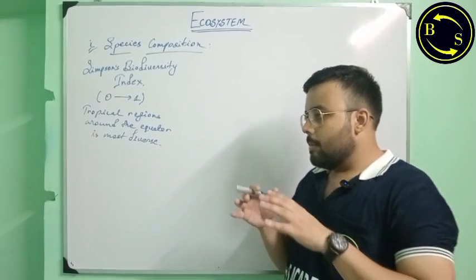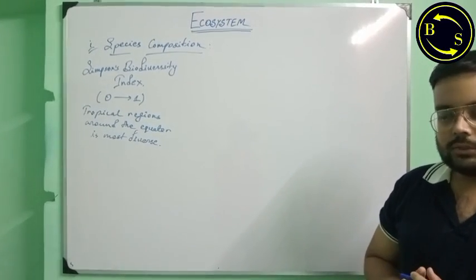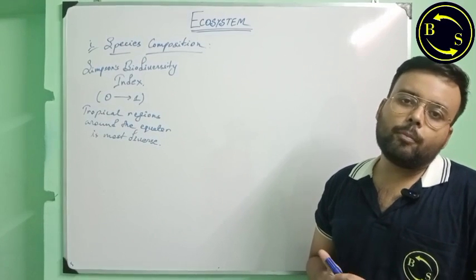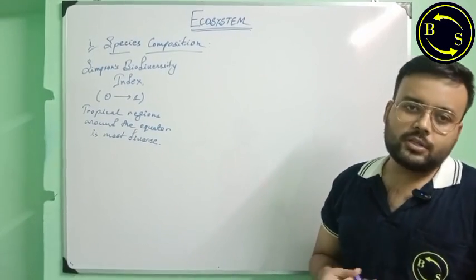And where there is large biomass of plants and animals, there will be large number of decomposers as well, because without them there will be no nutrient cycling.